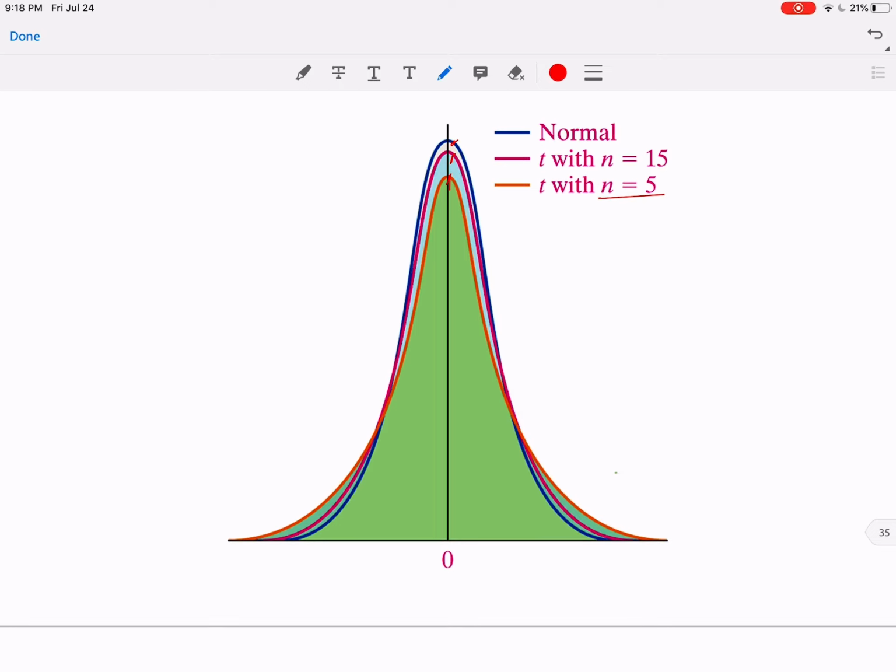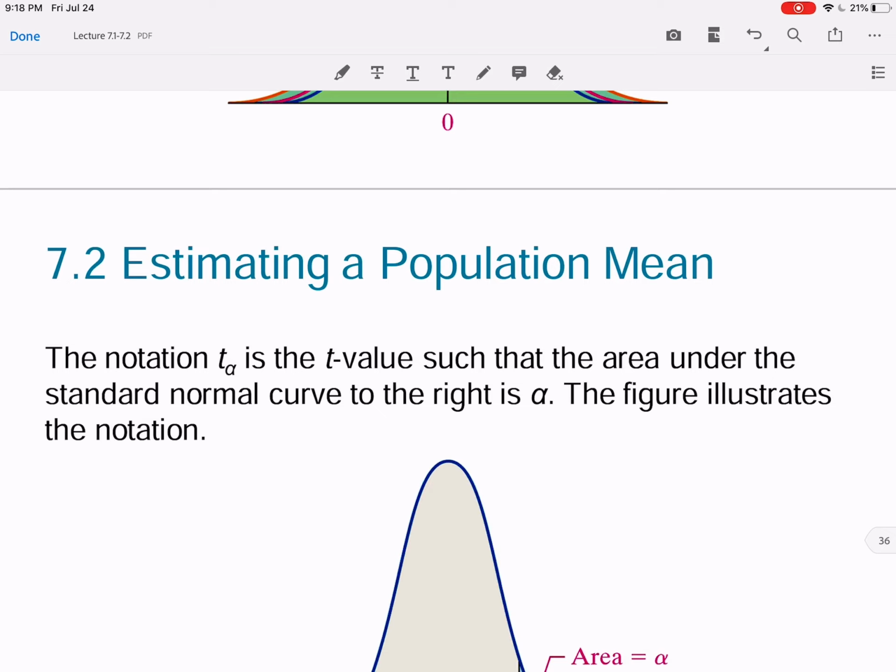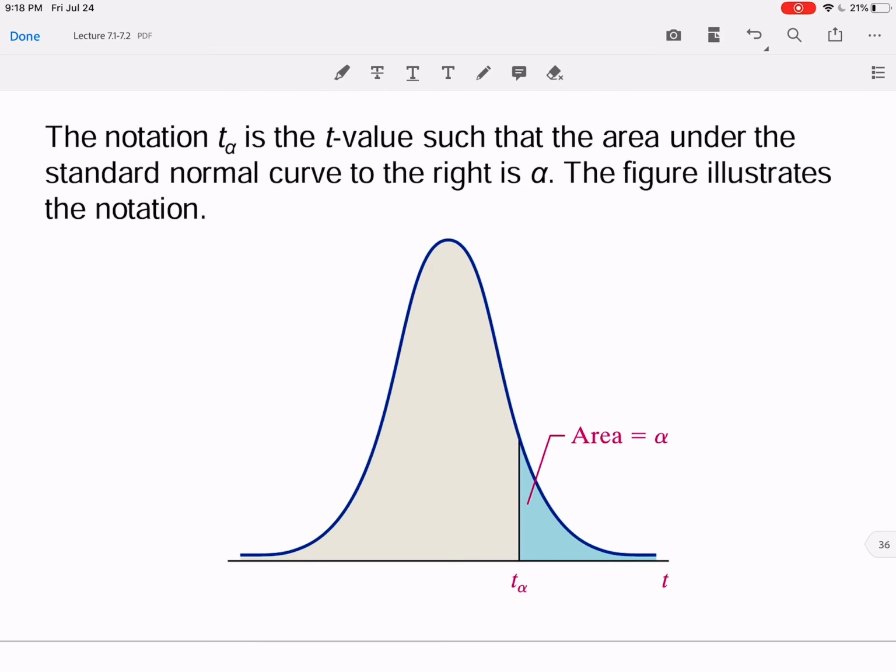The middle one is for n equal to 15. So when n increases, the T distribution gets closer to a normal distribution, because when n increases, the sample standard deviation gets closer to the population standard deviation.